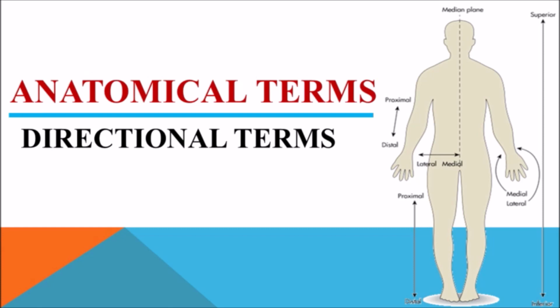Suppose the lungs and heart are in the thoracic cavity. What is the relationship between the lungs and heart location? Where the lung is located when compared with the heart, and where the heart is located when compared with the lung. Today we are going to discuss all these things. So let's start the class.